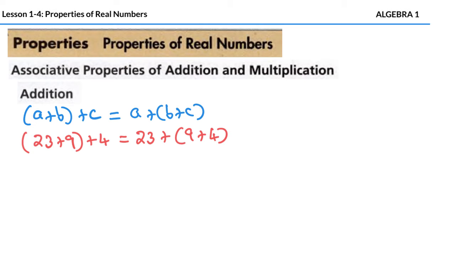So we can have a look at the associative property of multiplication. What does it say?